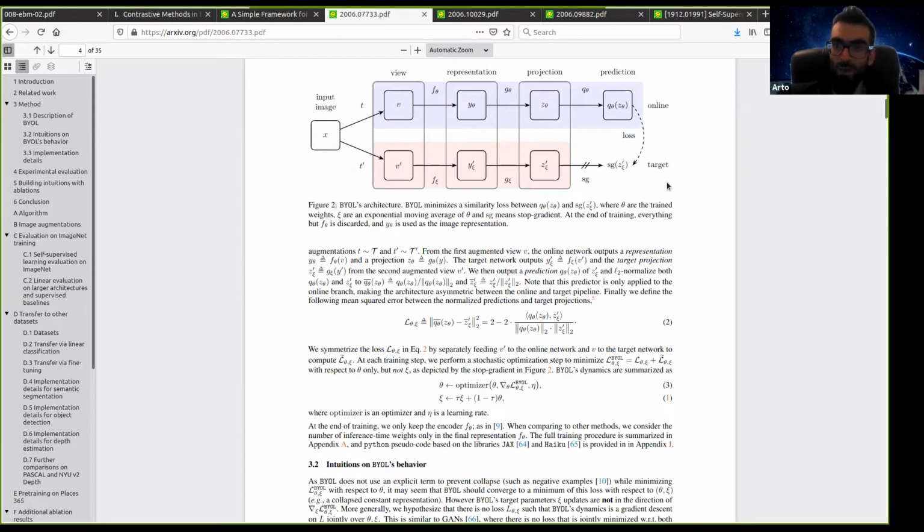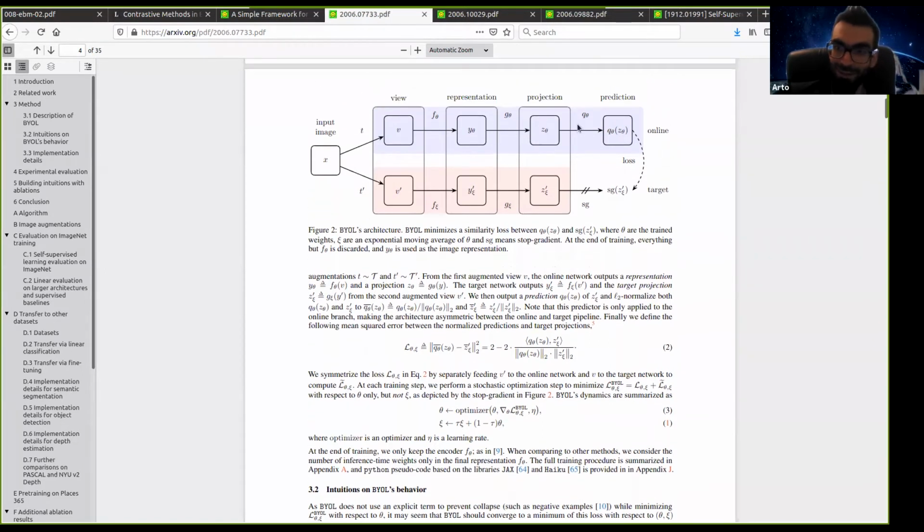And as you can see here, we don't have any negative samples, right? And that's really surprising and cool that this works, because if we don't have negative samples, we can have a very simple solution to this problem, where our representation is just constant, right?